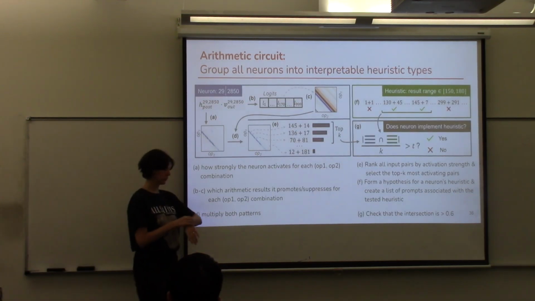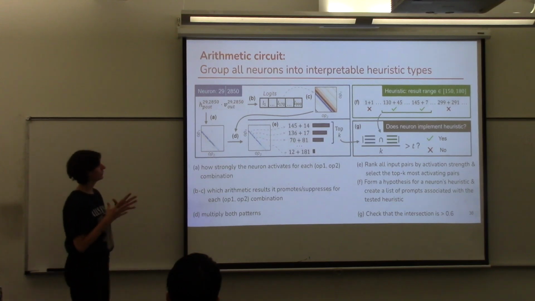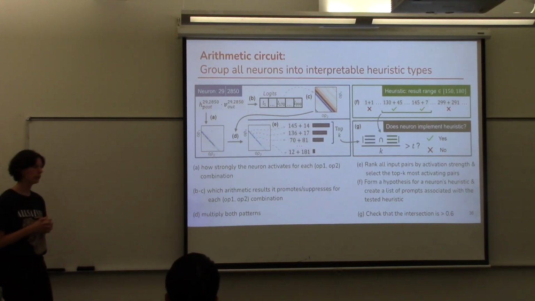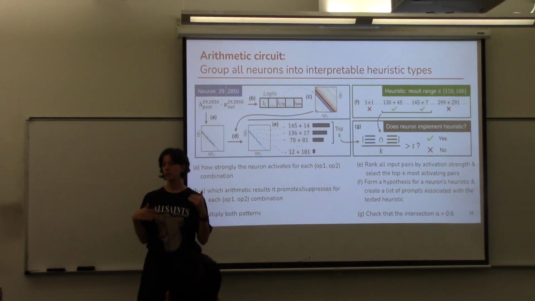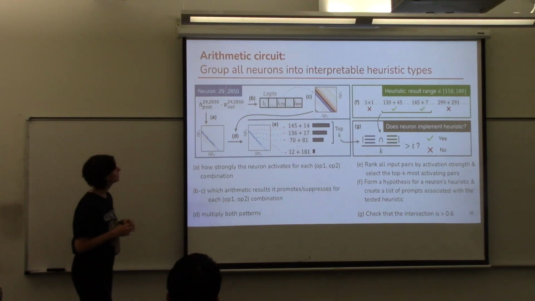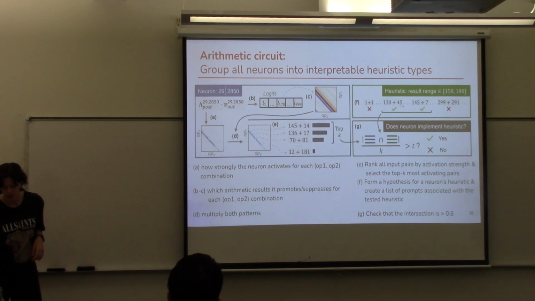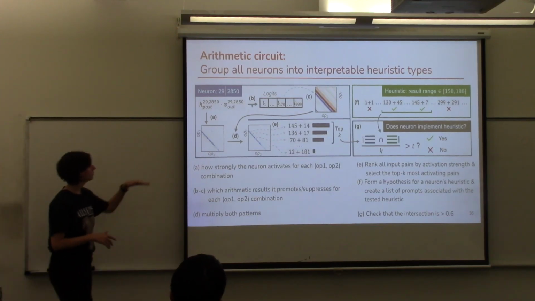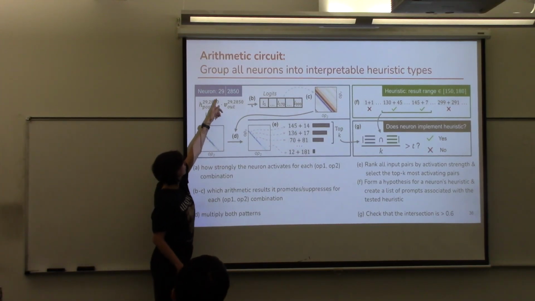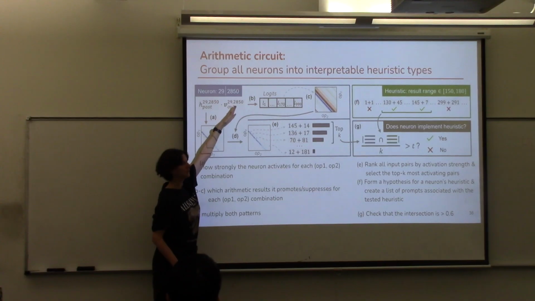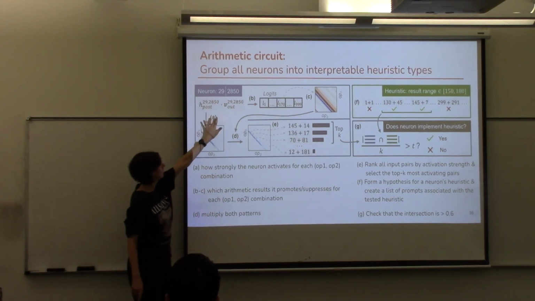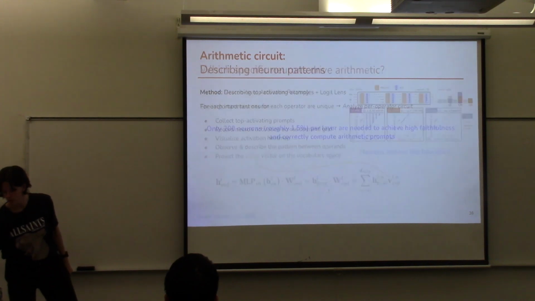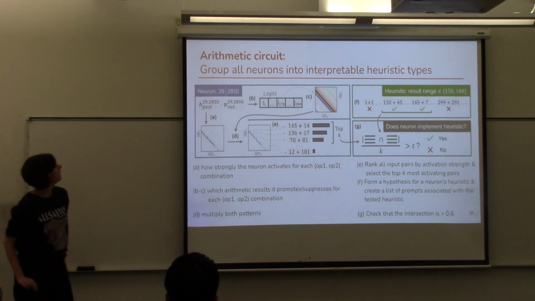And that all led them to this big procedure here to do global population level analysis. So let me walk you through what's going on here. You have all these neurons you care about, like the neuron in layer 29, index 2850. You can write it in this way that comes from just rearranging this equation.